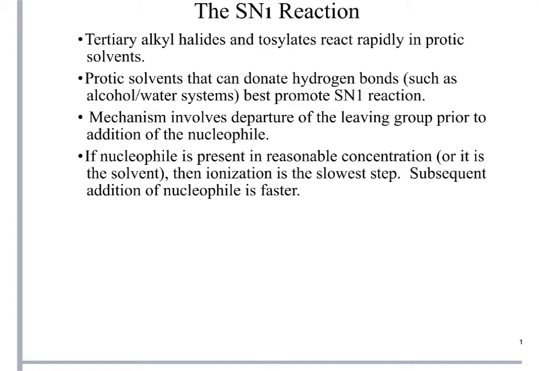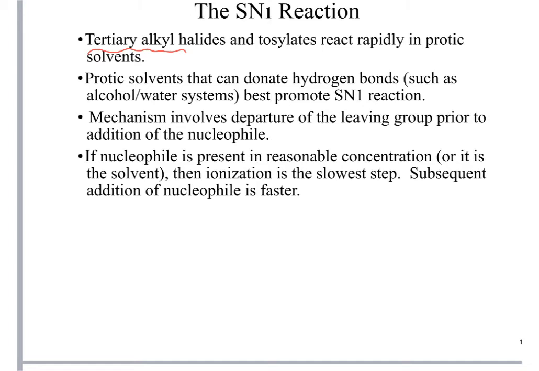So moving on to SN1 chemical reaction. SN1 occurs most readily at the tertiary centers and halides and tosylates. So since it proceeds via carbocation, tertiary and otherwise stabilized carbocations such as benzylic and allylic would react most rapidly.